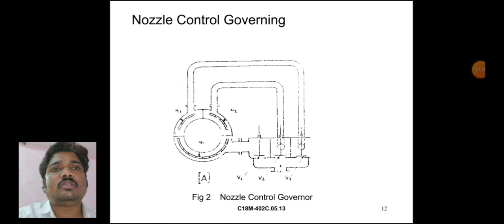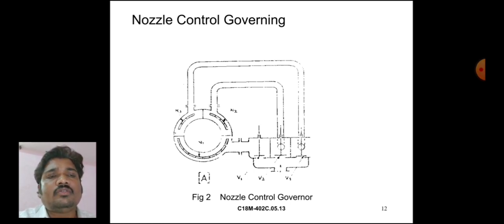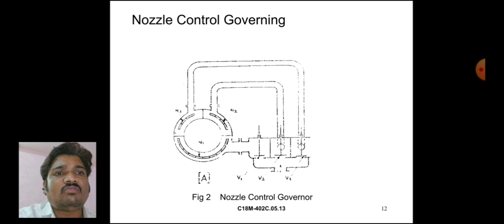We have learned about nozzle control governing as shown in this figure. In the video animation, steam is flowing through the nozzles and valves V1, V2, V3.